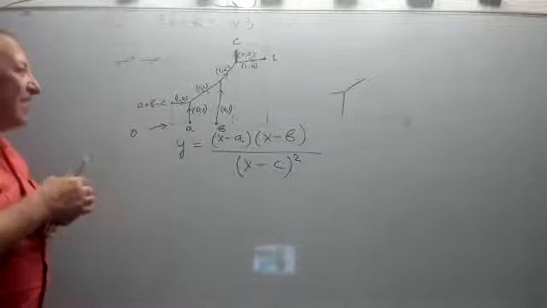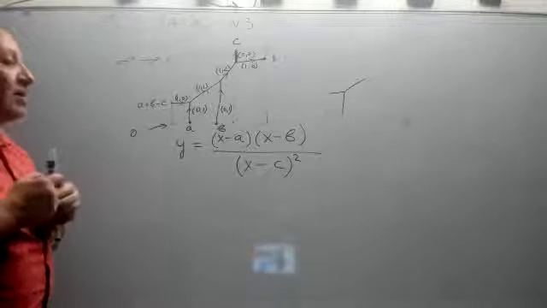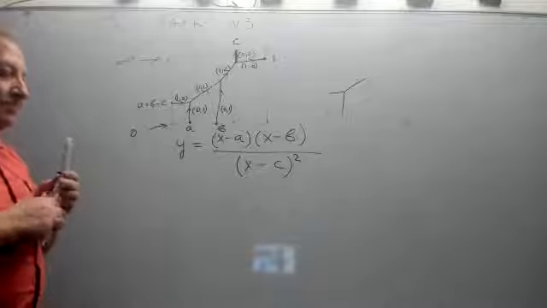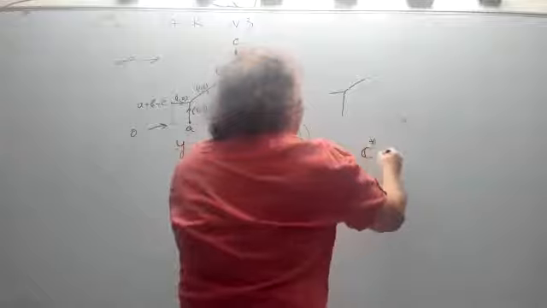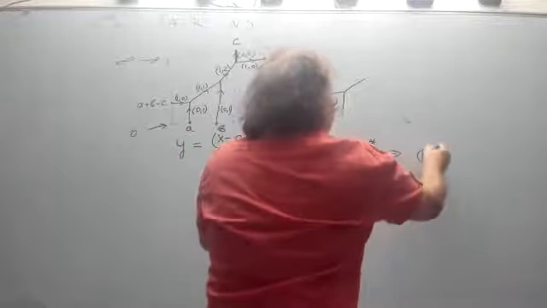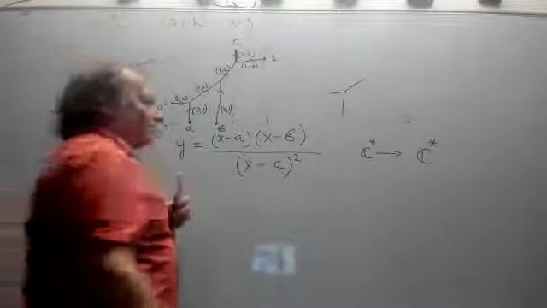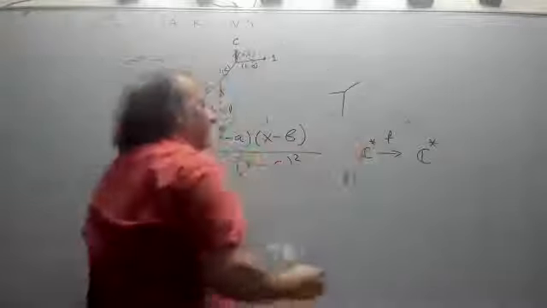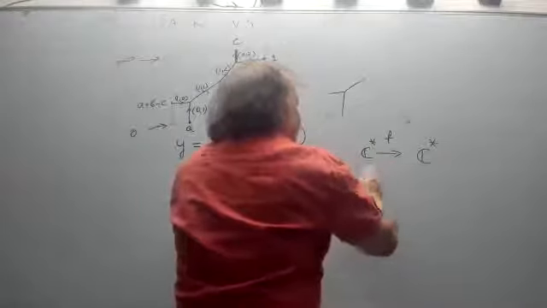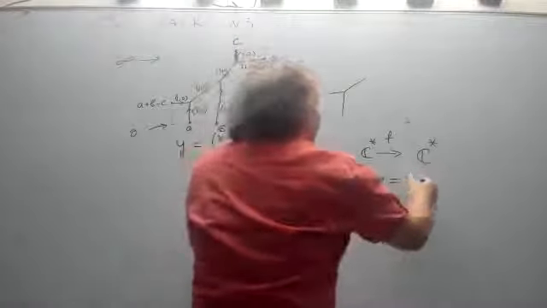In order to explain this, let me make the following remark. Let us study what it means to have a map from C star to C star. A holomorphic map F, this map is y equals to what? To z to the power m.